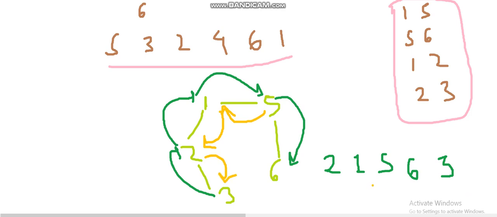Now 3 will become unaffected, 5 and 6 are swapped, so this will become 5, 1 and 5 are swapped, so this will become 1, 2 and 1 are swapped, so it will become 2, and this will become 6. So we find that we can swap any two elements of this group without affecting other elements.